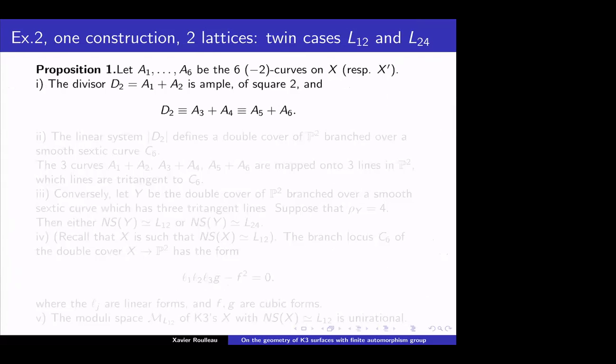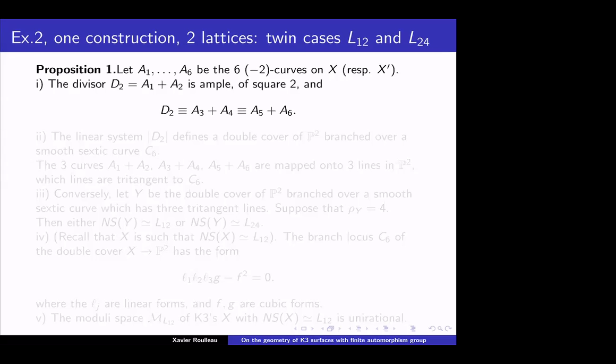So you take the 6 minus 2 curves to be A1 up to A6 on X, and I take the same notation for X prime because they have the same property. We can write the proposition like that.